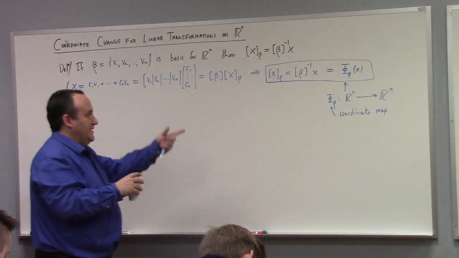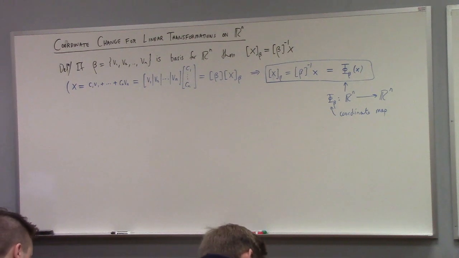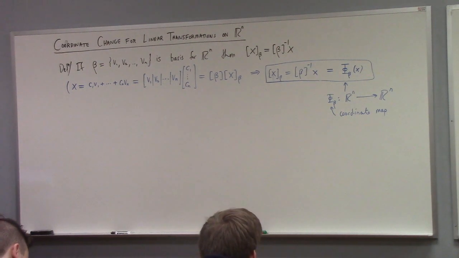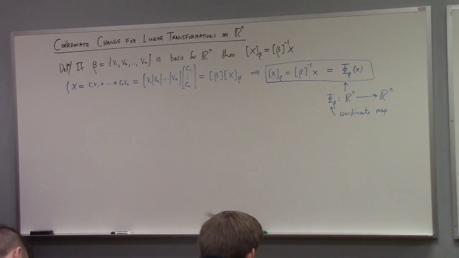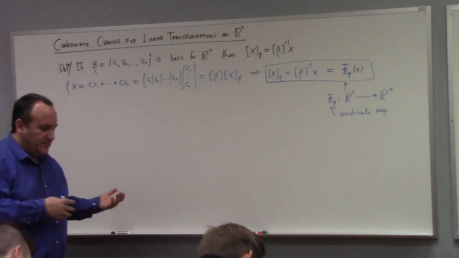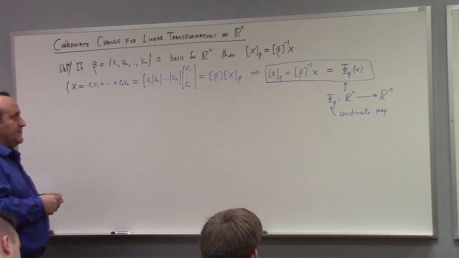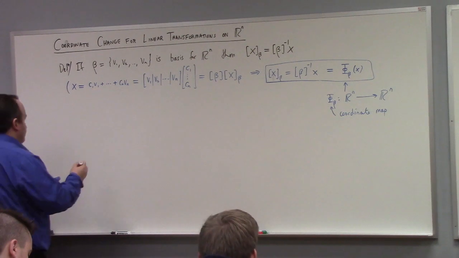Because if beta inverse is the matrix of phi beta, that means that it's an invertible matrix, so its row reduction is going to be the identity matrix. Which, going back to the last class, is going to mean that it has n pivot rows. It's going to have a null space of 0. It's going to be an onto and one-to-one map. All right, enough about that. Question.